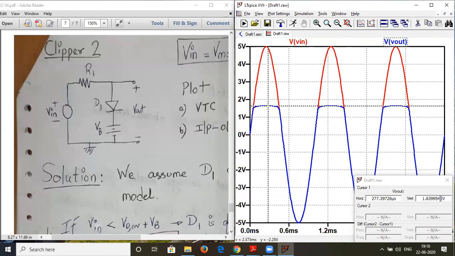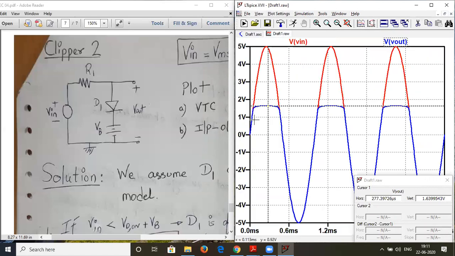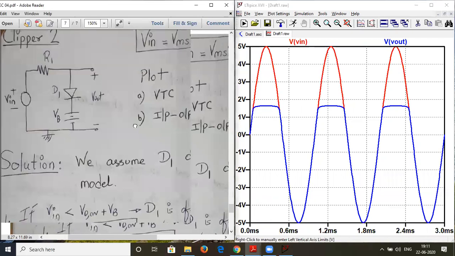So isn't it sounding familiar? The bias voltage which we have applied over here has shifted the entire waveform up. Shifted this level by 1 volt up. So earlier it was around 0.65. Now it has become 1.64, close to that. Okay. Now let us see how it works. So remember this value. It is around 1 volt plus VDON basically. So again, it is clipping off the positive cycle of the input waveform.